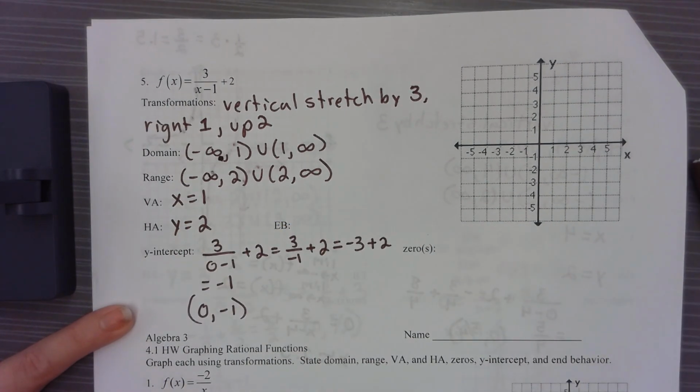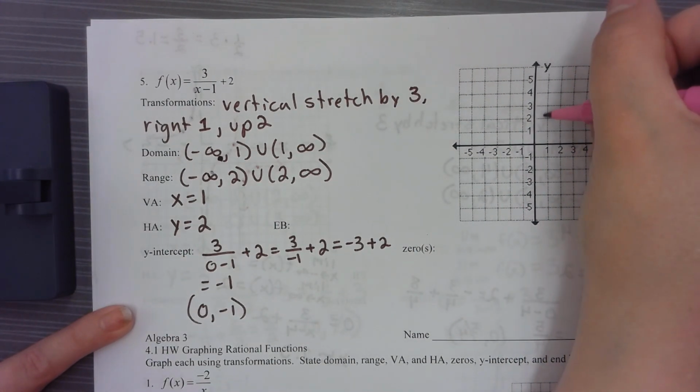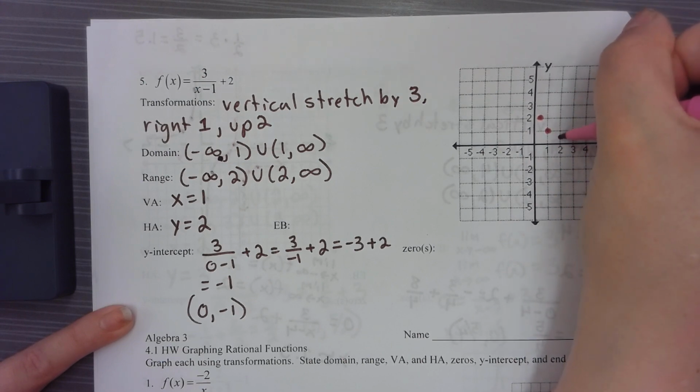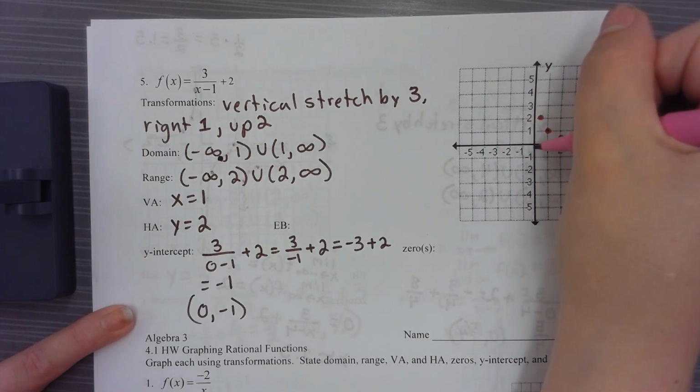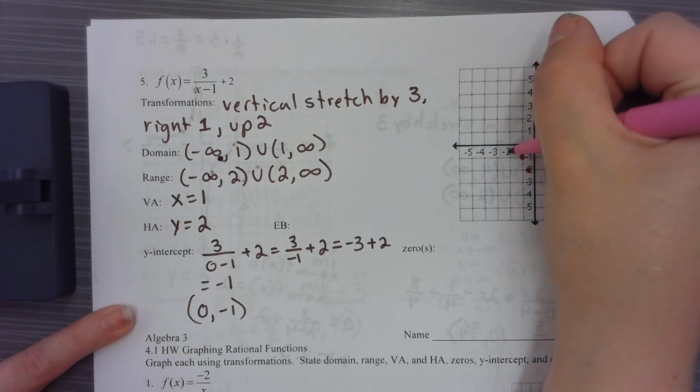Okay. So now we're going to graph it. Here are those parent function points: (1/2, 2), (1, 1), (2, 1/2), (-1/2, -2), (-1, -1), (-2, -1/2).